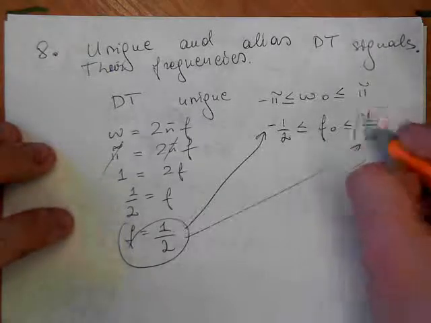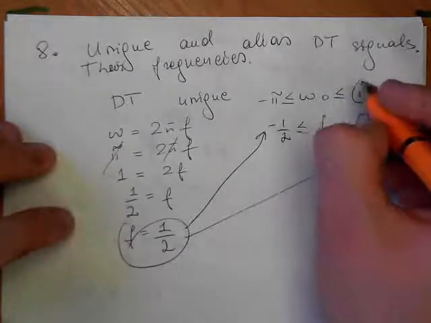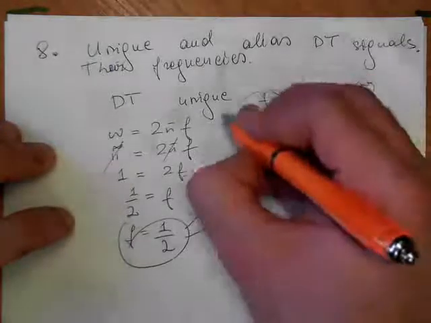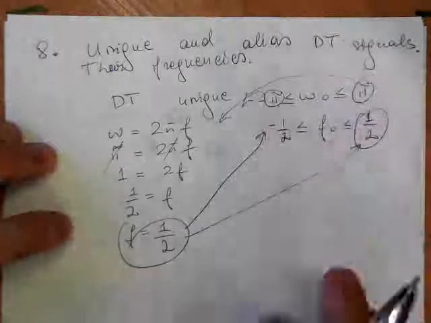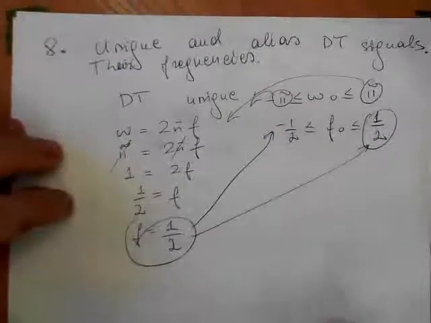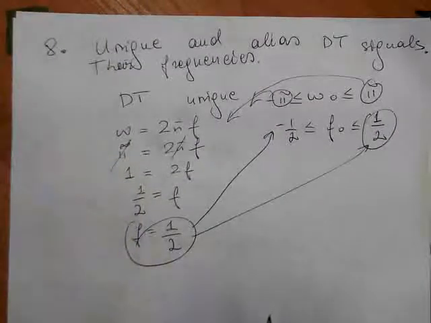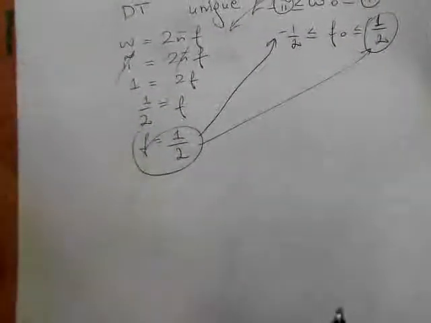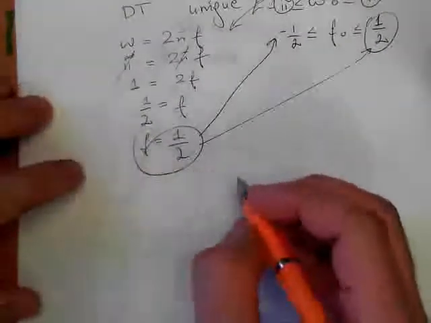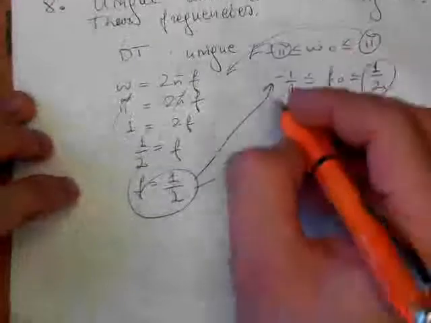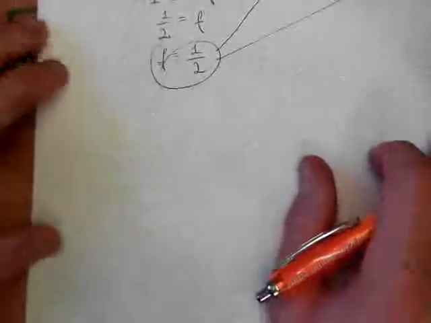That's how this came from this. So this is just derivation. What I want you to know here, and what is basically important, is that unique signals, we can write this again.